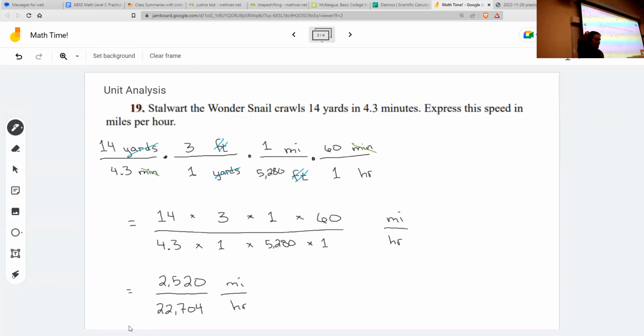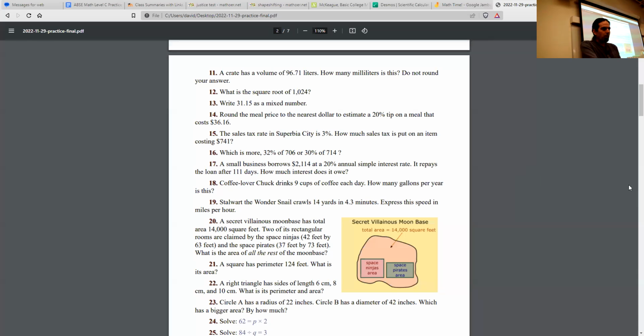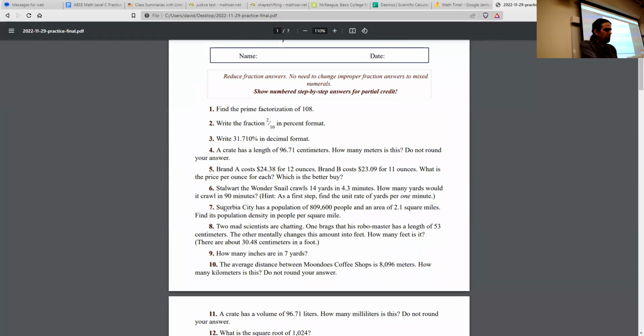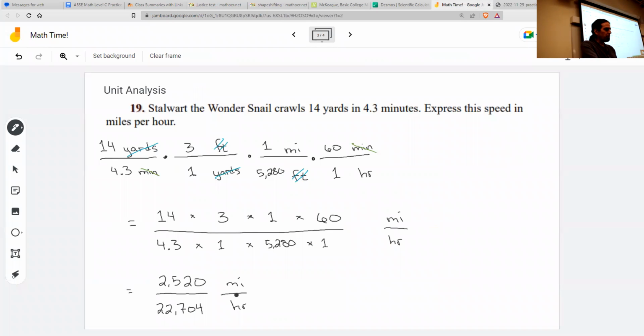I want to take this and make it into a unit rate, just like the problem where we were looking at the unit rate for Suburbia City, people per square mile. So we did people divided by square mile. Exactly the same thinking. Miles per hour. We're going to do the top divided by the bottom and get a nicer number.